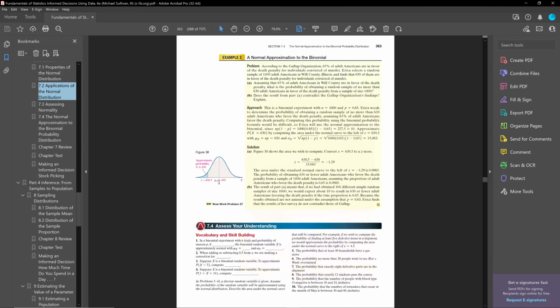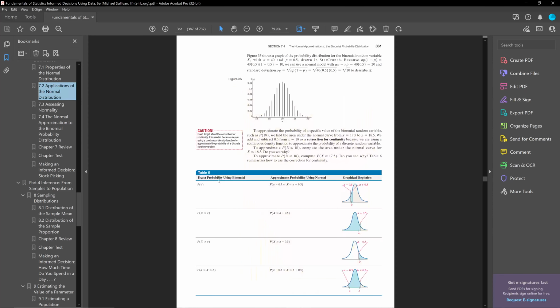So this is the cheat sheet for it. In other words, if you're looking for the probability of exactly 7, then you can approximate it by 6.5 and 7.5. So x will be between that, and whatever you get for that probability, that's going to be the exact value for that.